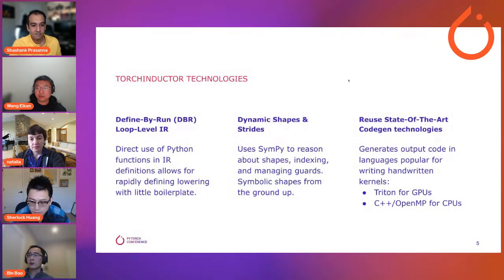I will show you with another slide what I really mean by that. And the IR is also pretty generic in the sense that we use SymPy to build symbolic shapes, and also guards to help us be more general in the optimizations we are performing.